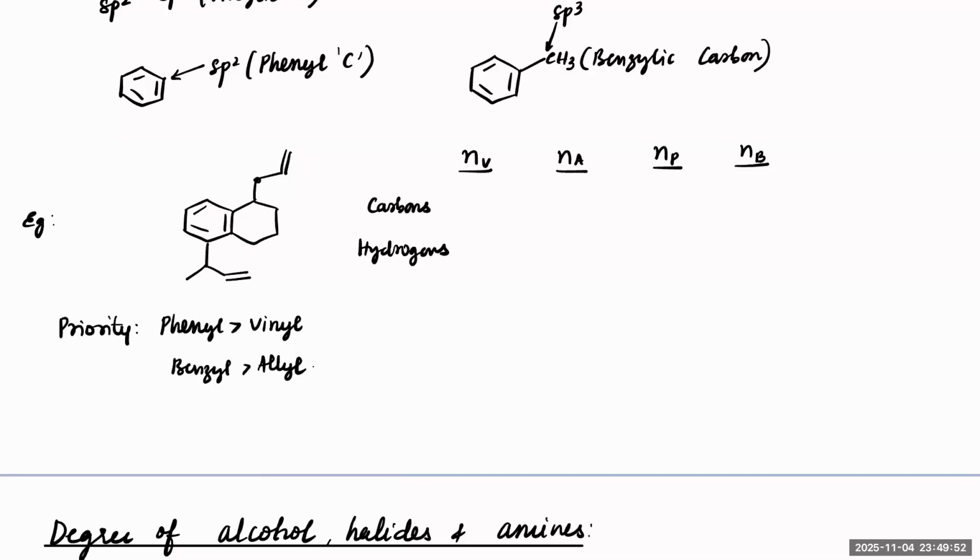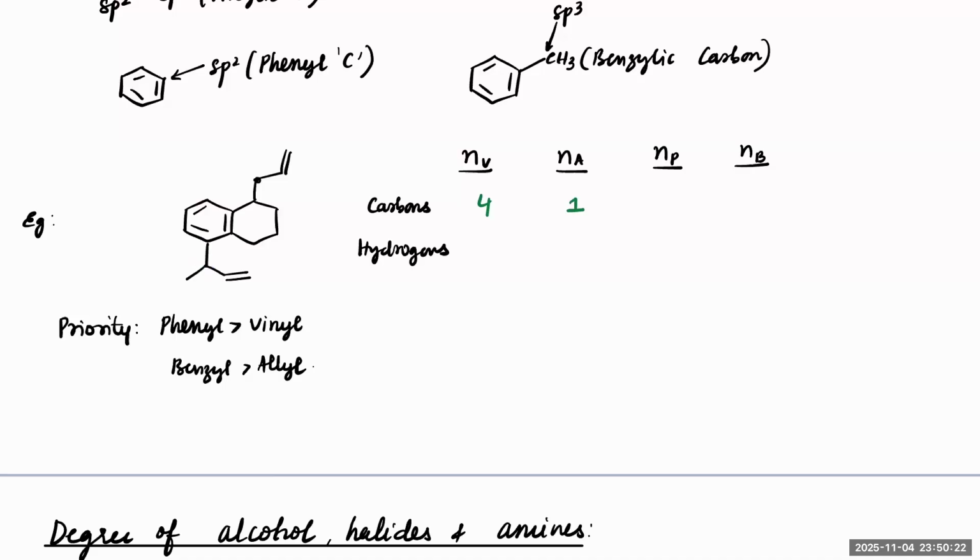Using this concept, the number of vinylic carbons is 4. Let me show you where. 1, 2, 3, 4. These 4 are vinylic. Next, allylic is only one. This is the only one which is allylic. You can say, sir, this one is also allylic. But this is benzylic as well, and since benzylic is there, you do not consider it as allylic anymore.